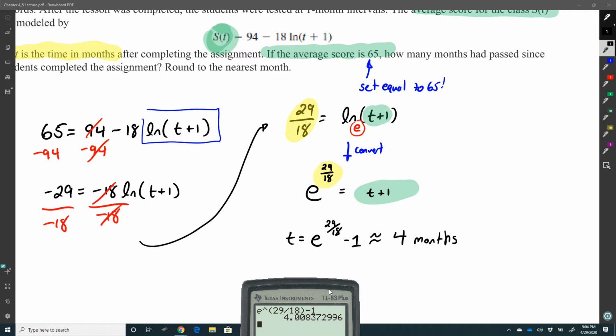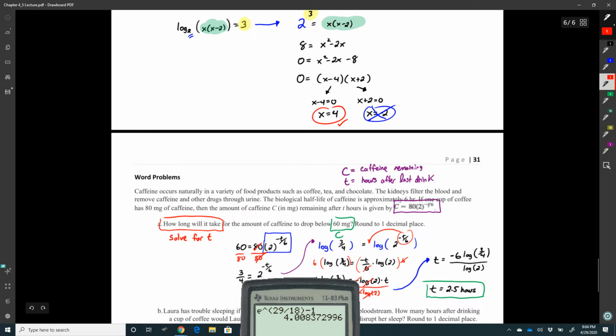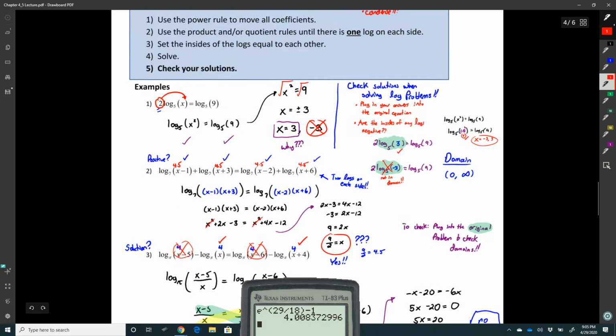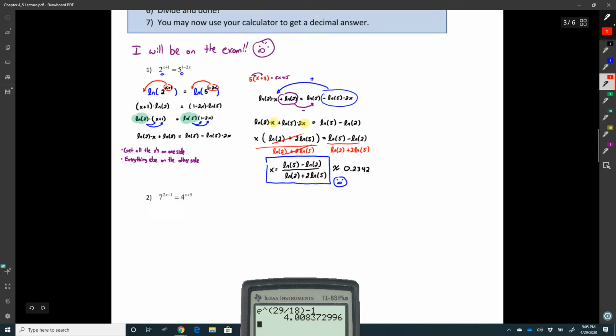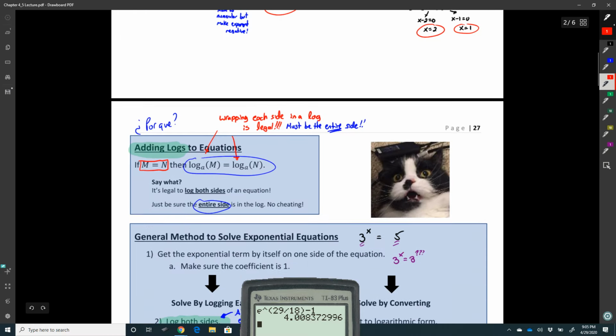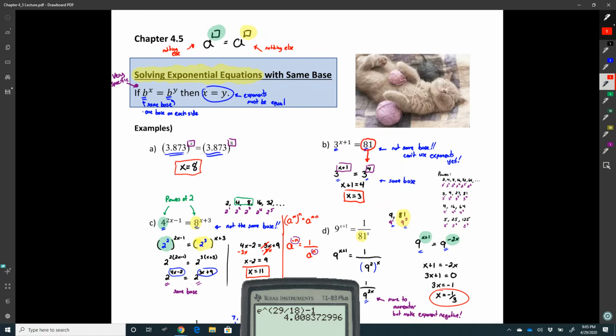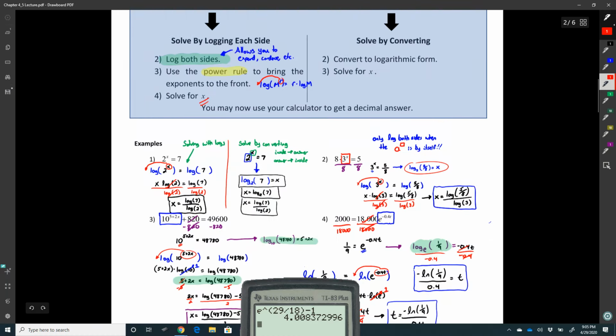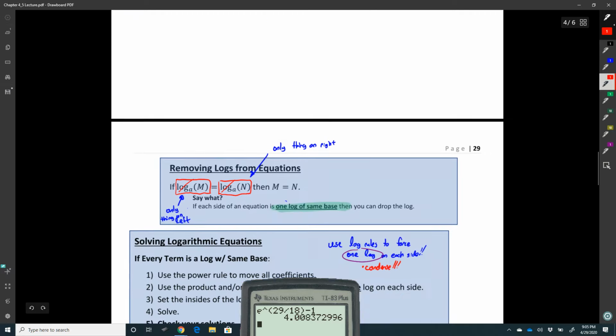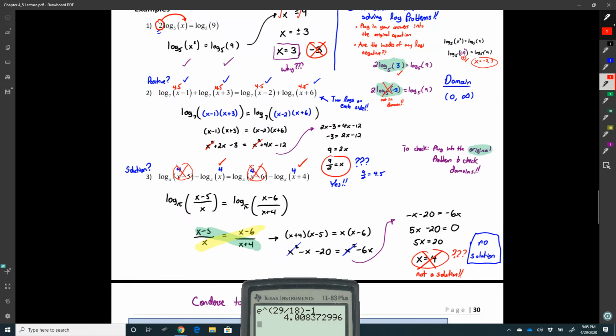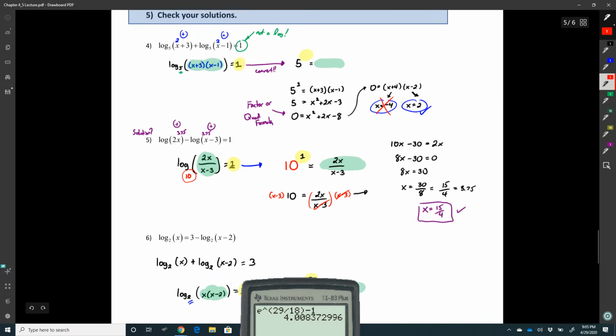Anyway, I know this lecture was a little long, a lot of problems to do, but this is the toughest section in this exam, solving equations for x. I think that probably 30 points of this test comes from this section. So you have to know how to solve each type of equation. I notice there are different types.